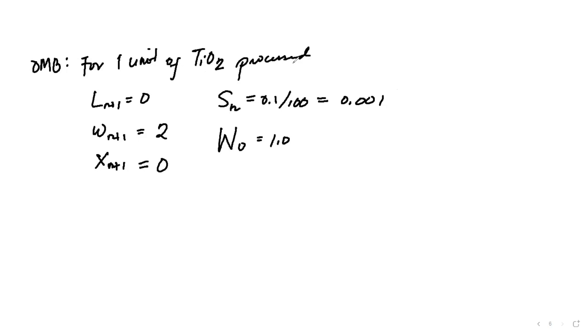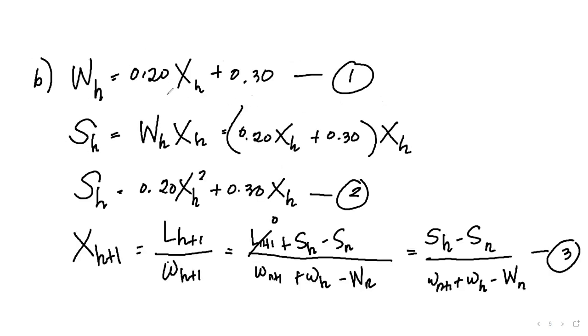Now, the next thing that appears in the formula is the W sub n, the solution that leaves the nth thickener. Now, how do we find the W sub n? So we use the equation for W sub h. You recall, that's our equation. Let's go back. This one. So we'll use that.